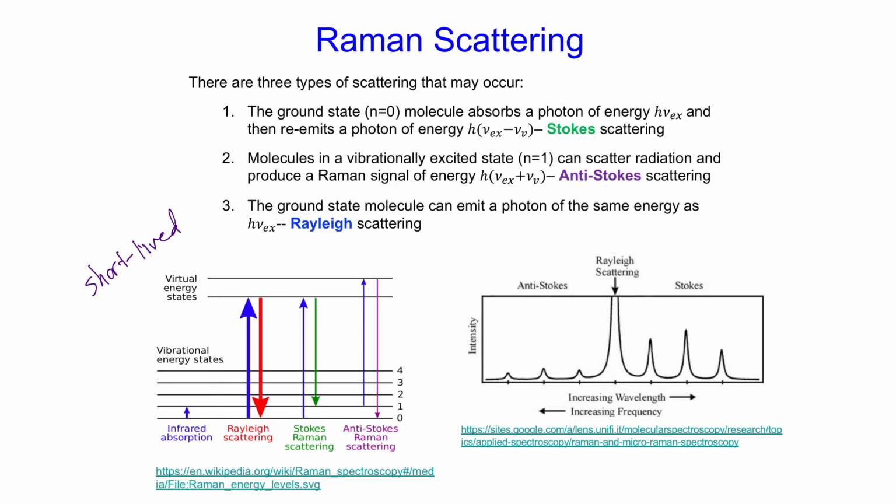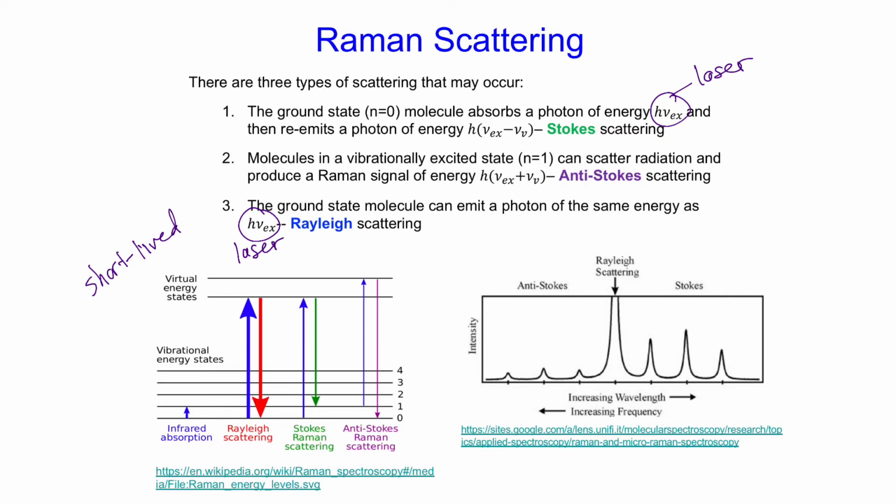Those frequencies are going to be equal, so that is where we emit a photon of the same energy as our input light. Okay, so remember this is our laser. Okay, so whenever we see this notation, that's your laser.